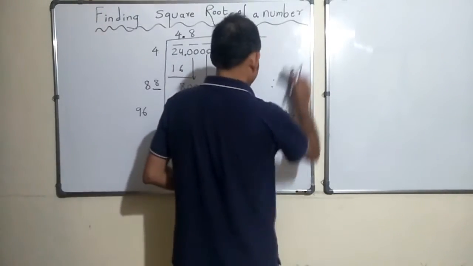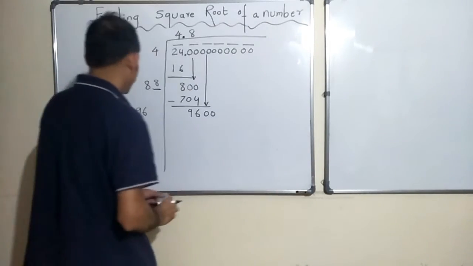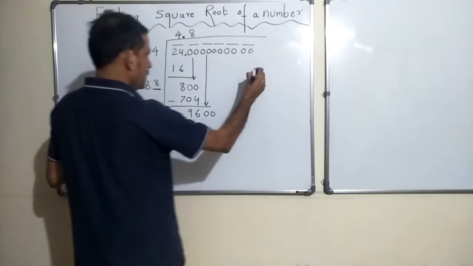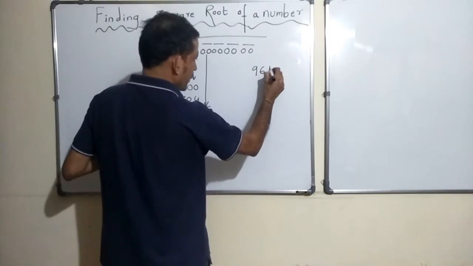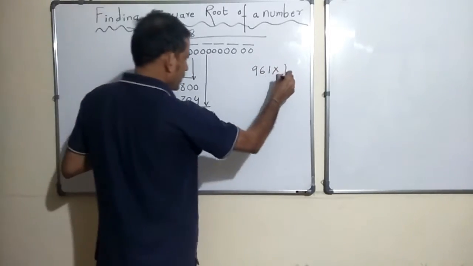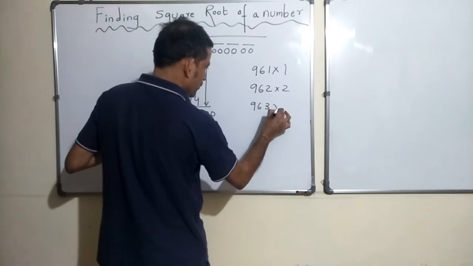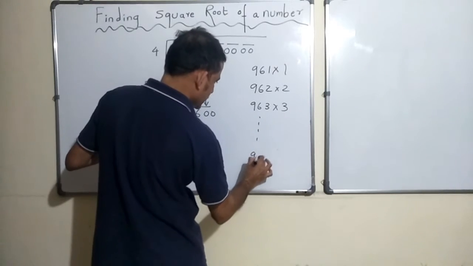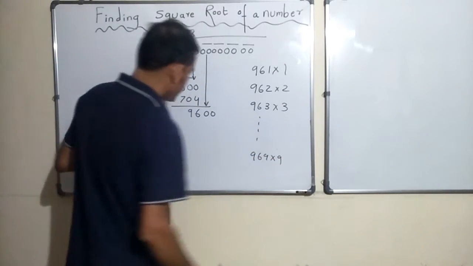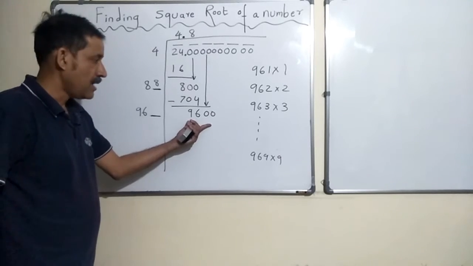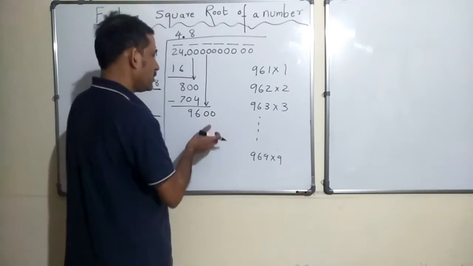Same thing again we repeat. What digit should I put here such that it becomes 961 into 1, or 962 into 2, 963 into 3, so on and so forth, up to 969 into 9? Which one would be closer to 9600 and less than or equal to 9600?